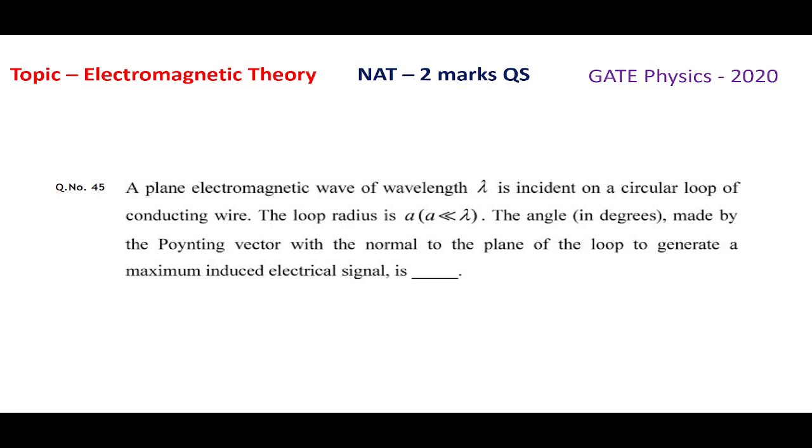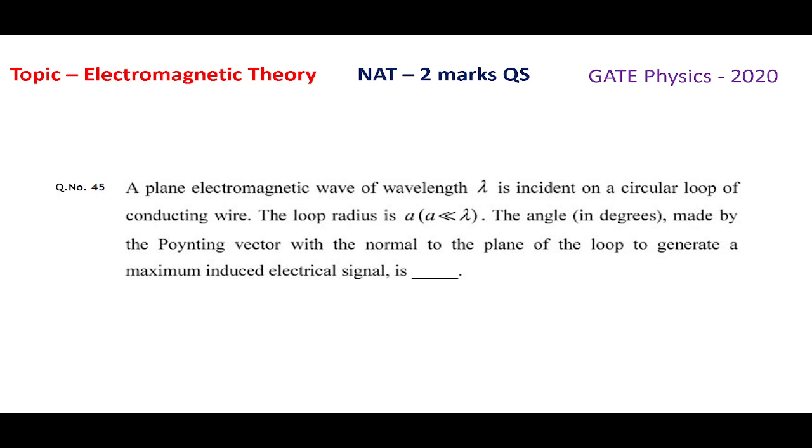So the electric field should be in the XY plane, right? Yes, sir. Okay, fine. So what should be the pointing vector direction then? E cross B. If your E vector is in the XY plane and B vector is along the Z direction, what should be the direction of E cross B?